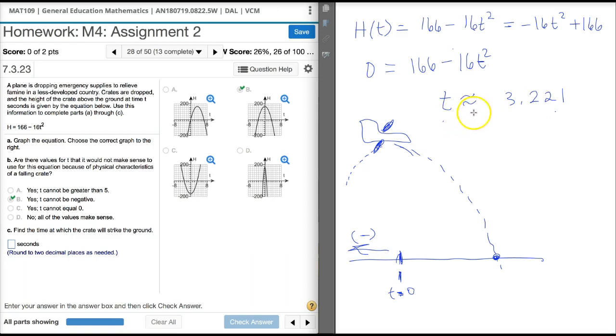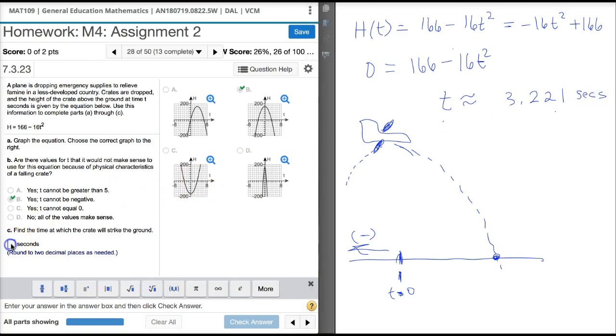So this answer here is roughly 3.221 seconds. And since they tell us to round to 2 decimal places, we'll just say 3.22. And that's exactly the place here on the t-axis where the graph actually hits that x-axis there.